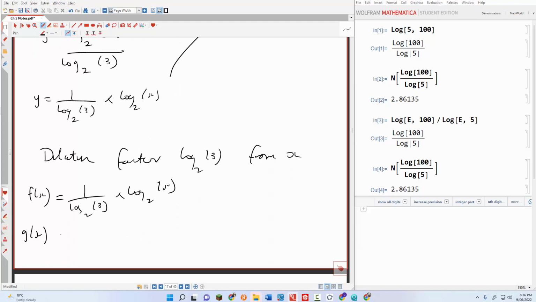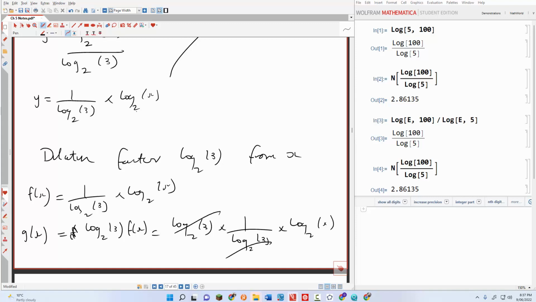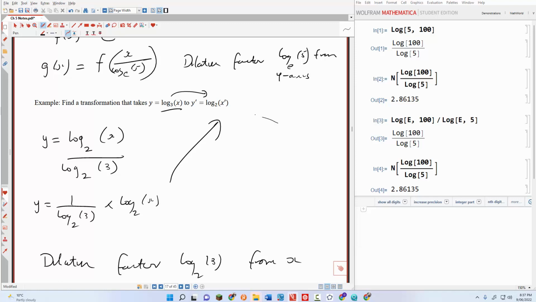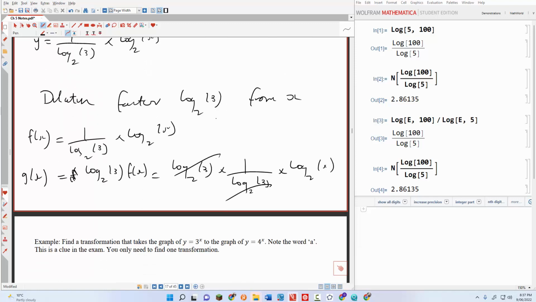So g of x equals log 2 3 f of x, which basically says that function f of x is multiplied by log 2 3. So that's going to be log 2 3 times 1 over log 2 3 times log 2 x. Those cancel out, leaving us with log 2 x, which is what I wanted. There it is there.